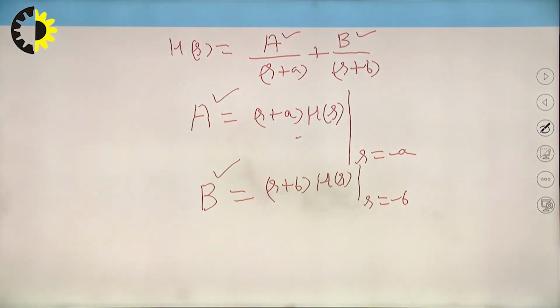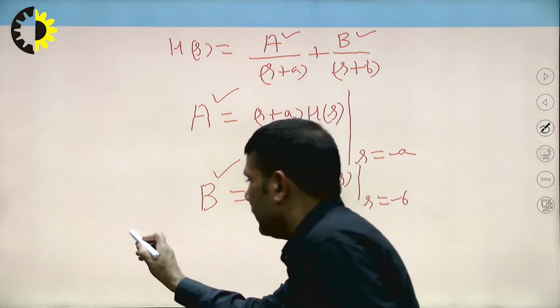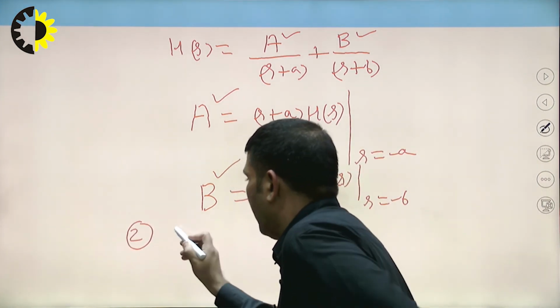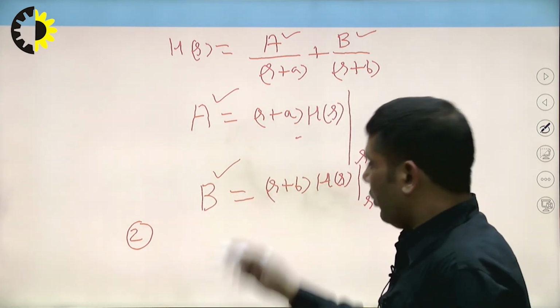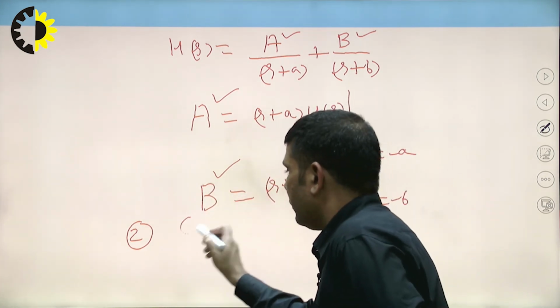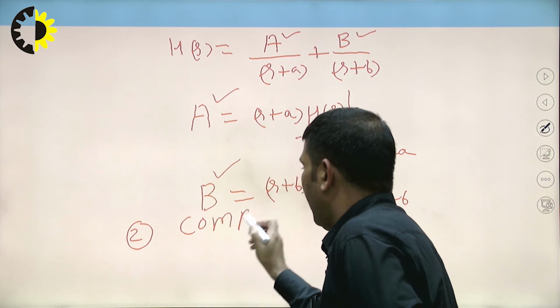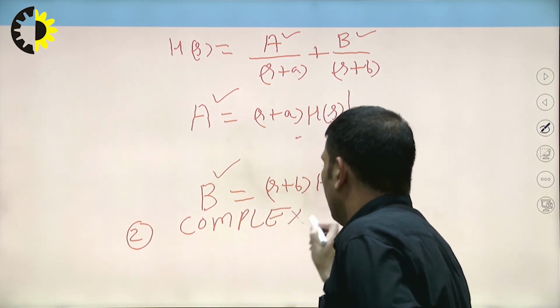So the second case is when the roots are complex conjugate.